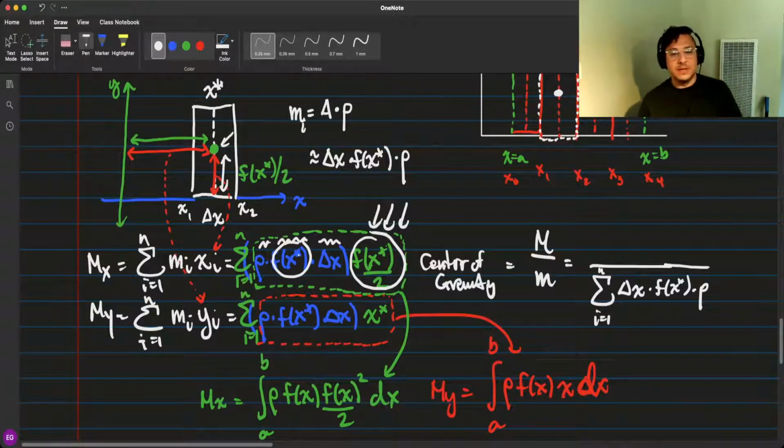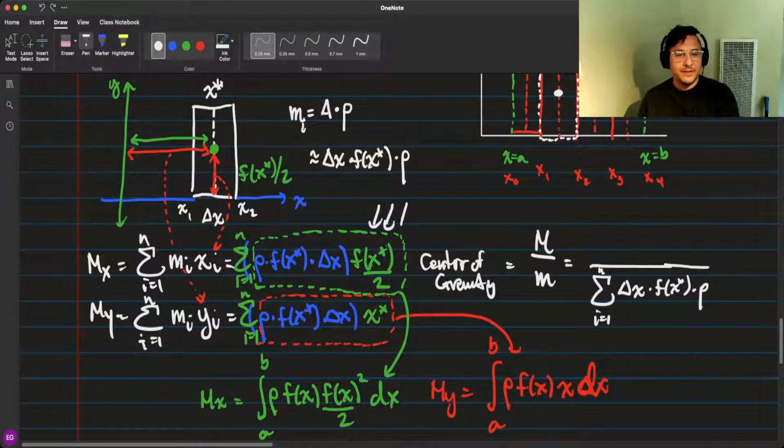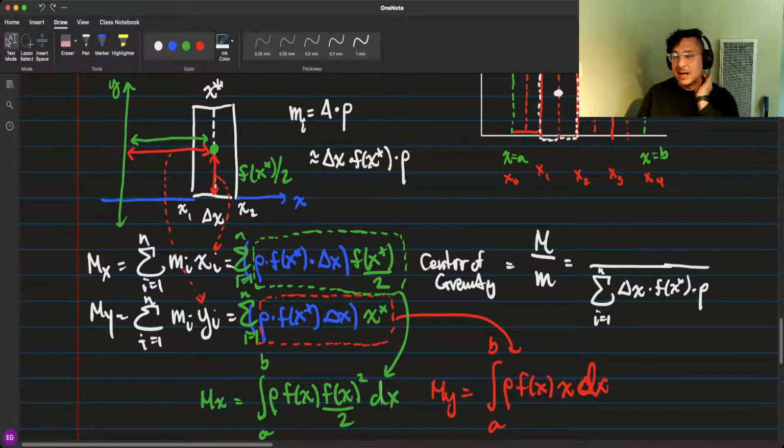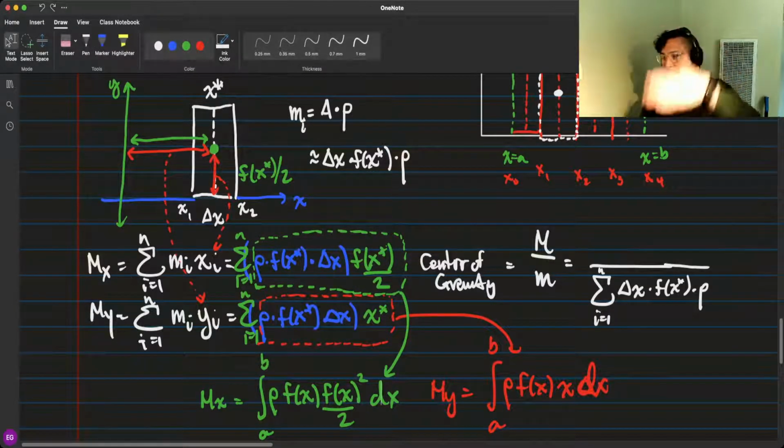When you put them together in the formula, you get f of x quantity squared. Remember, this is a moment that we're calculating. A moment is the mass times the distance to your center.